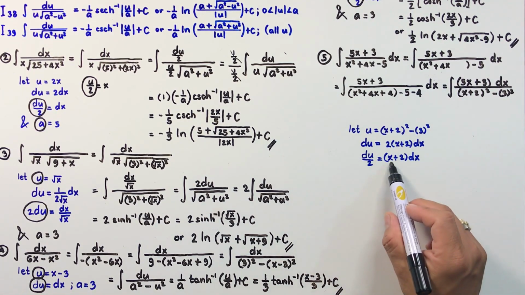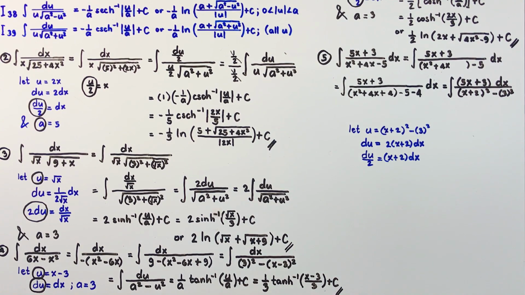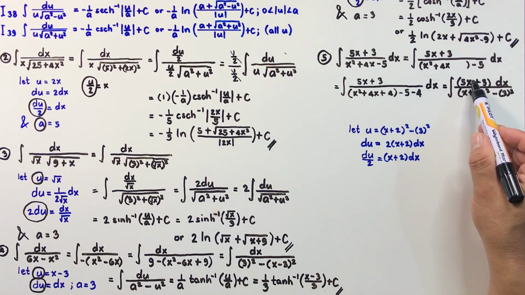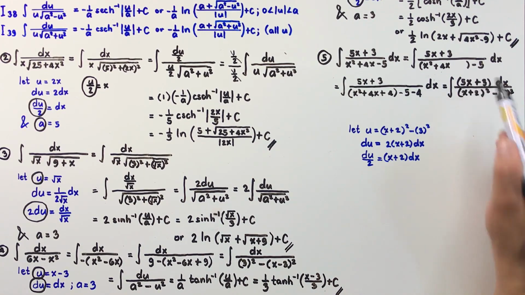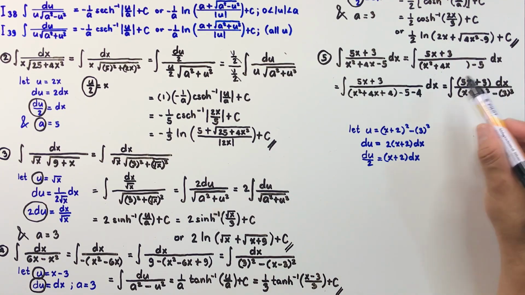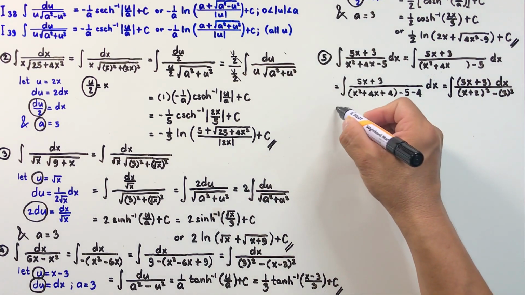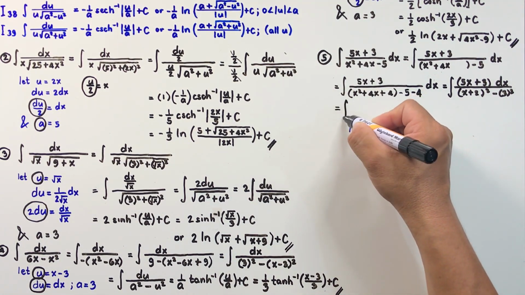So how do we form x plus 2 there? We can only form x plus 2 when we can factor out 5. So we have 5 times x plus 2. But to have that plus 2, when you factor out 5, we need a 10 there. So forming a 10 is to add a 10.